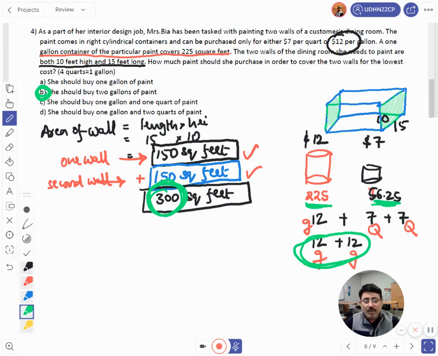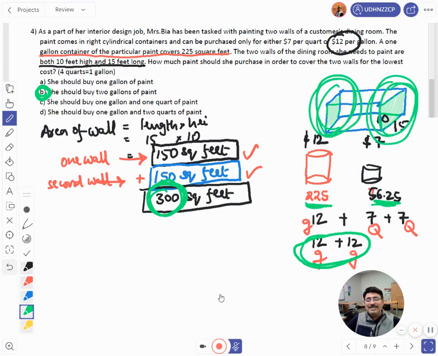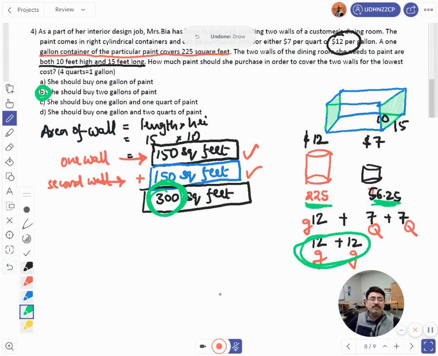Again, I'm repeating from the beginning. I computed the area of walls, which is length times height. Two walls with the same measurement, 150 and 150, makes 300. Then 1 gallon of paint covers 225, which is not sufficient to cover 300 square feet.